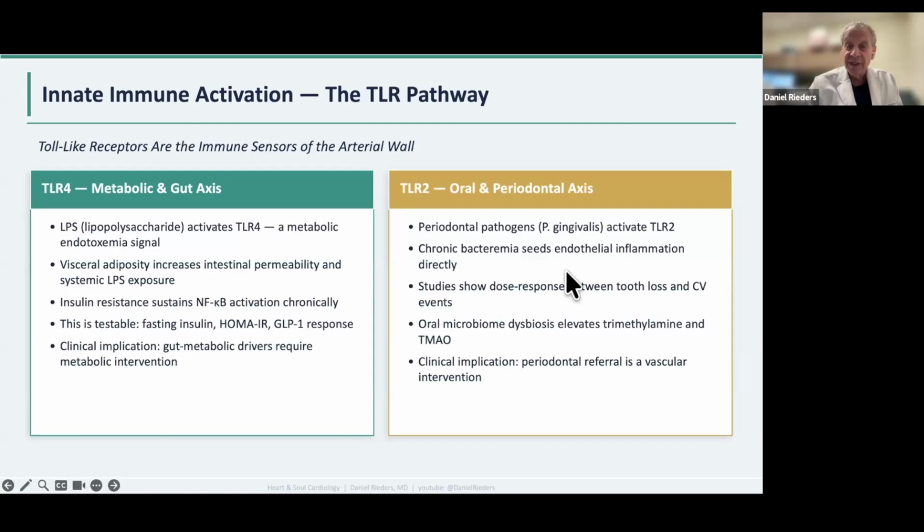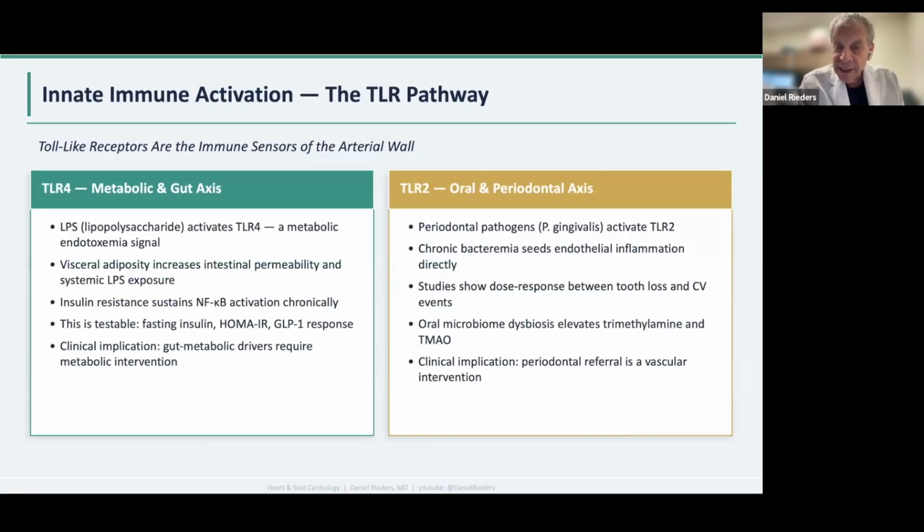Now we jump over the toll-like receptors too, and we're looking at oral and periodontal access, gum health. Yes, brush only the teeth you want to keep. We need gum health to produce nitric oxide, which helps our arteries maintain good blood pressure to different organs and cells.